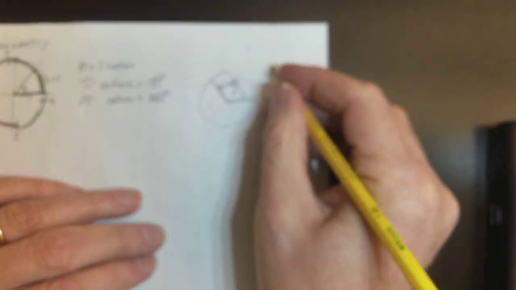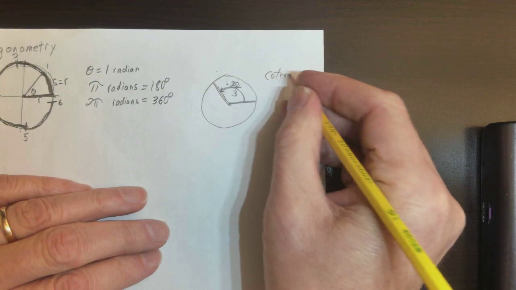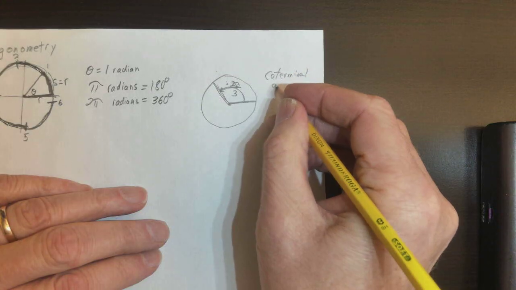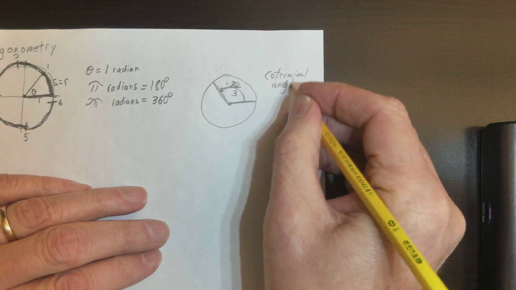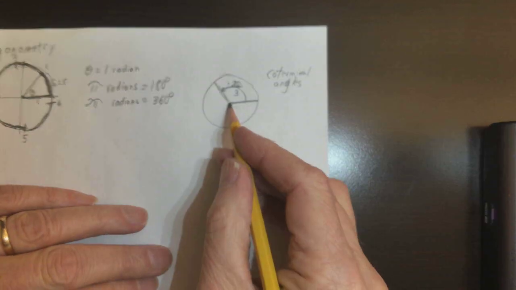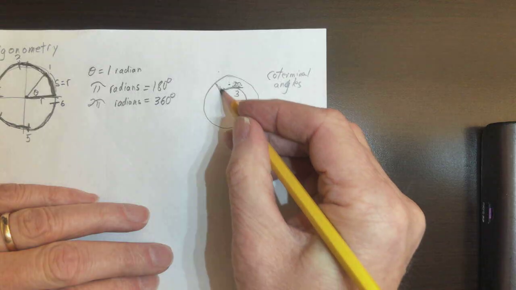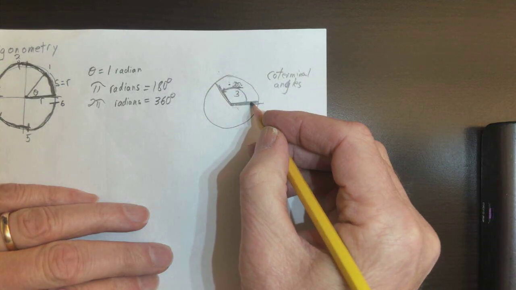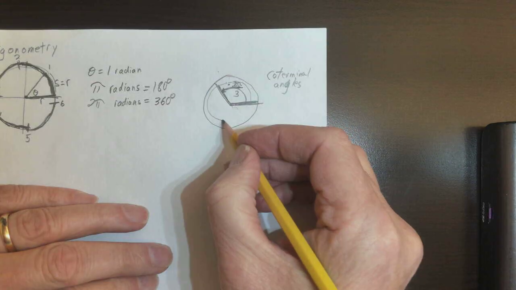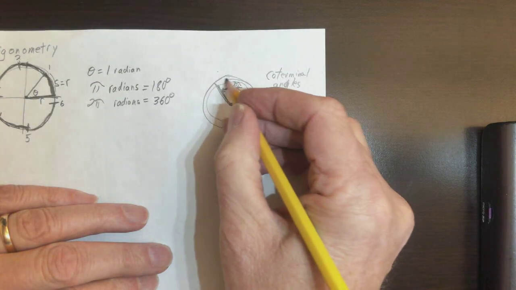Now we talked about coterminal angles. Coterminal angles would have the same initial and terminal side, but our angle could do a revolution. We could go around and come back here.